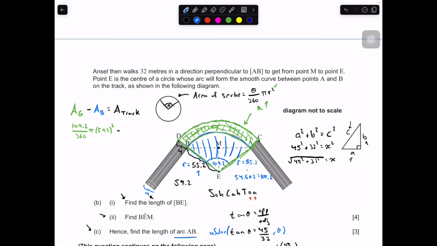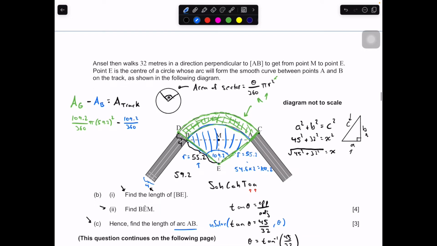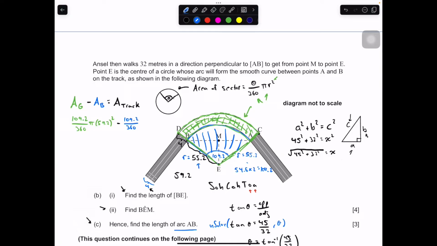minus, and the area of the blue sector is again going to be 109.2 over 360. So the portion that we've swept through is 109.2 degrees. Actually, I don't know why I wrote 109.2 instead of 109. Generally, we want to preserve as much accuracy as possible.